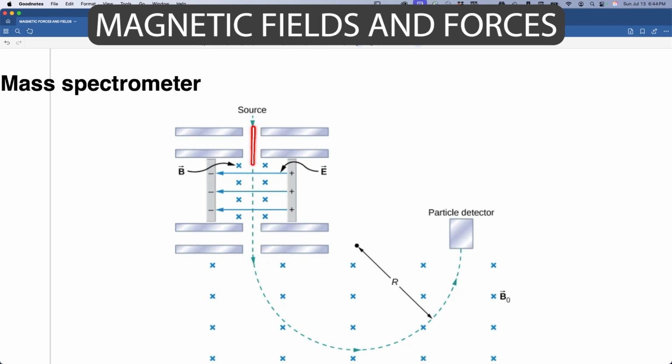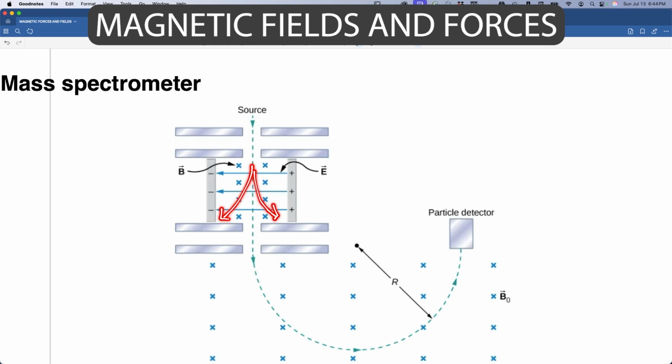So when a charged particle passes in this area, the forces acting due to these two fields are going to be opposite in direction. The magnetic field is going to try to push it in one direction, the electric field is going to try to move it in another direction. So if the two forces are unbalanced, the particle is going to go this way, hit this part, and not proceed into the next space.